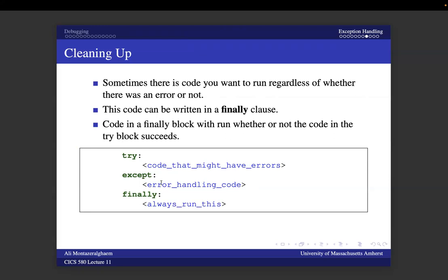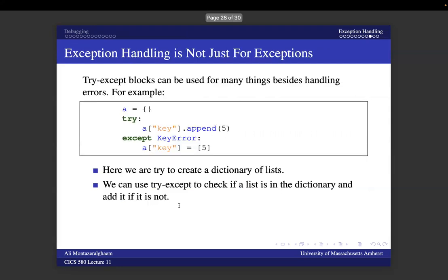So in the except, we are printing that j is equal to 0. And finally, we are just printing the value of the first argument, which is i. So whether we get the error or not, based on the value of j, we are just printing the value of i.